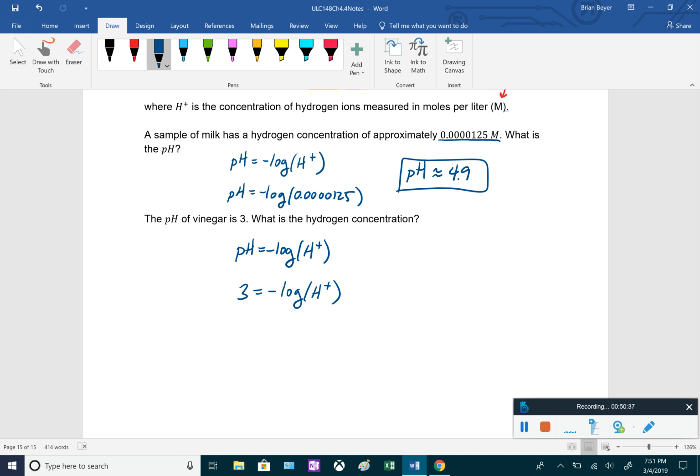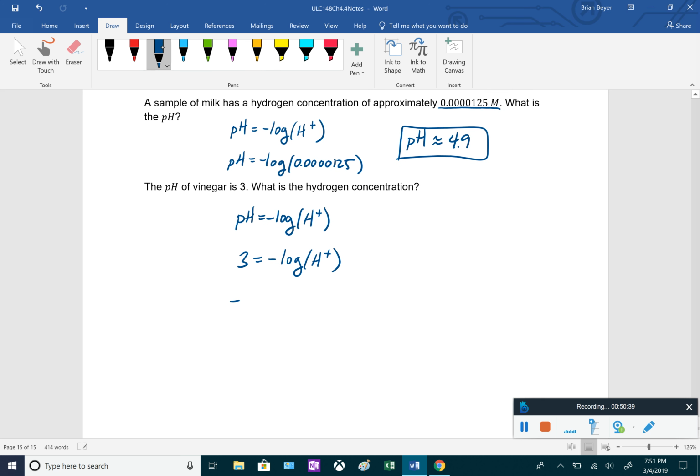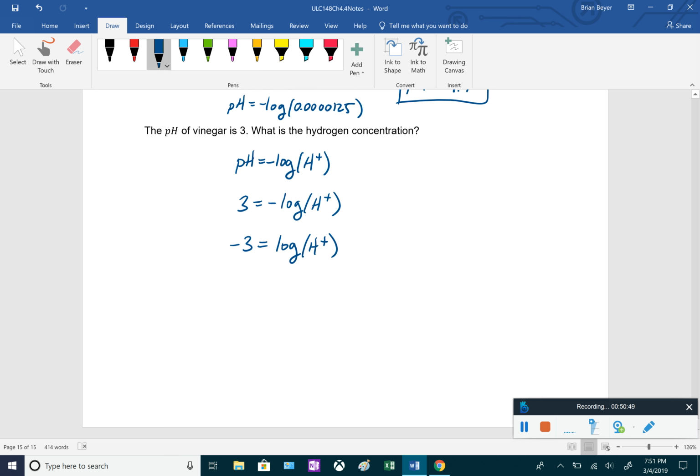We need to isolate the log, meaning we need to negate both sides first. So divide or multiply both sides by negative 1 to get that negative off the log. And now we base 10 both sides to convert it into exponential form. So it's 10 to the negative 3 equals the hydrogen concentration.